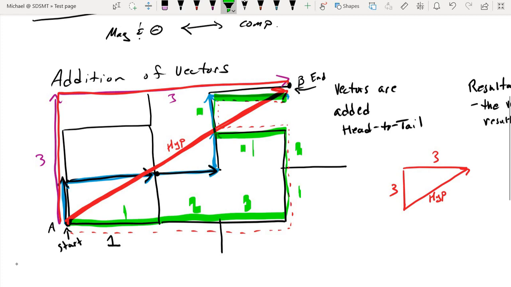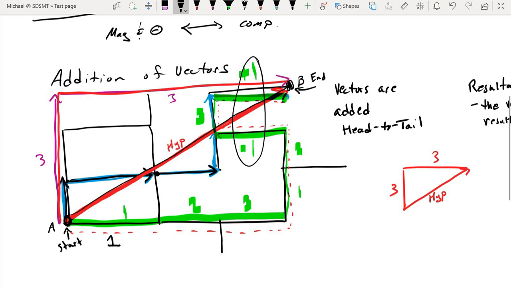I'd go up 1 more north, and then I'd go over 1 more to the east. And what happens? Well, that backtracking actually ends up canceling out. But I'm still going from point A to point B.